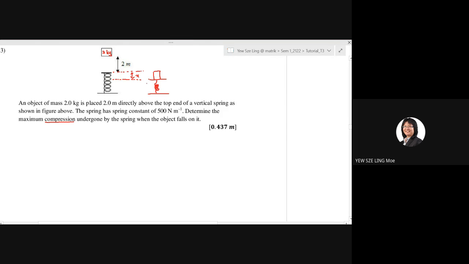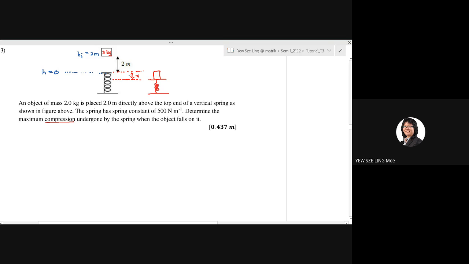Now how are we going to solve this question? Should we take the ground as our h equals 0? Well, of course you can, but it will make the question slightly more complicated. I'm going to take the horizontal plate here as 0. Why? Because I want to introduce a new thing to you, which is what we call negative h. Initially, the object is located at 2 meters above h equals 0, so your h initial is a positive value, 2 meters.